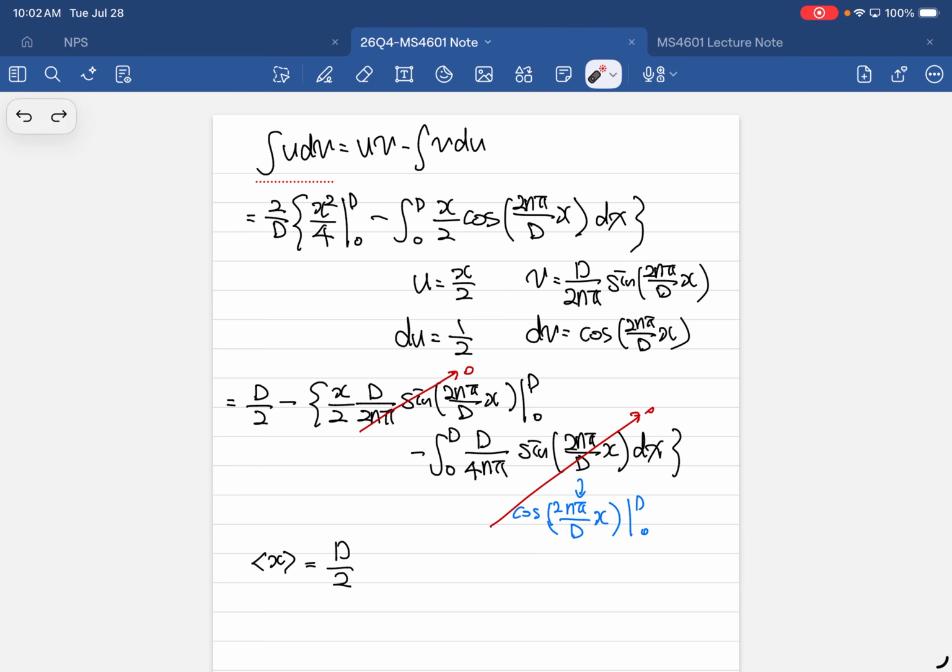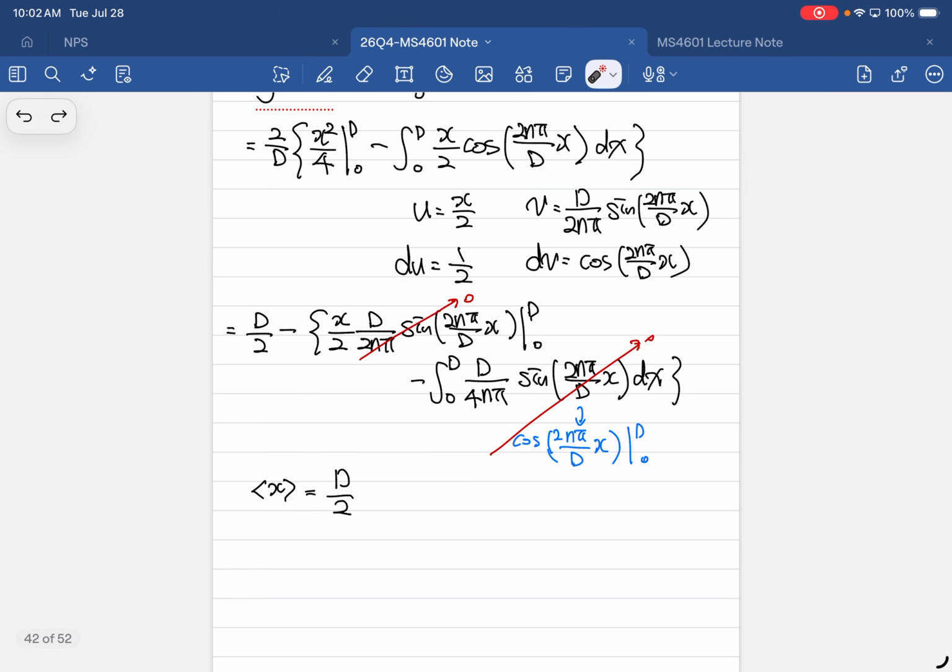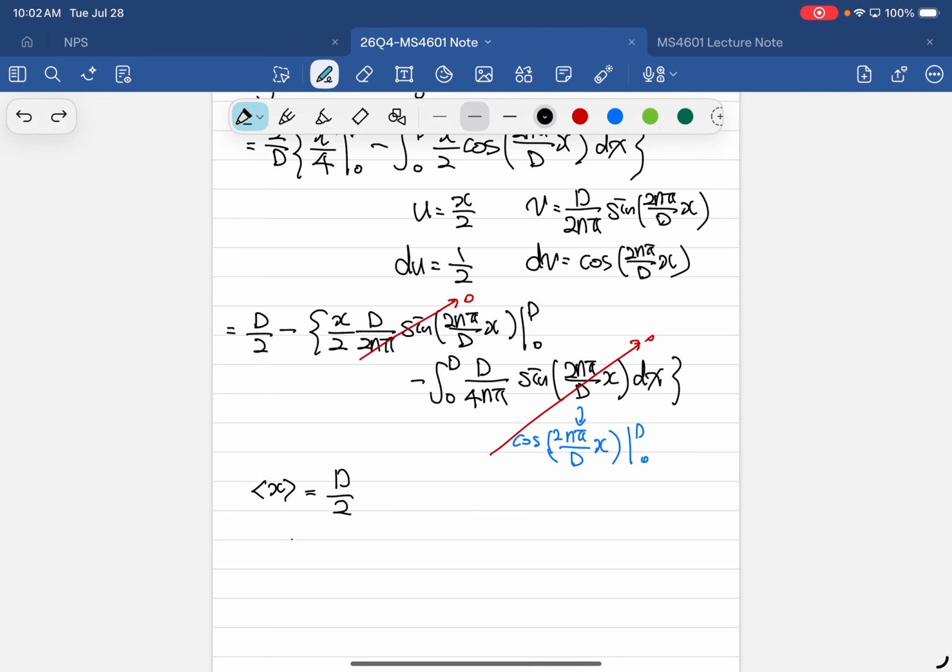Let me describe a little bit more about the implication here. This is the wave function that we got by solving the Schrödinger equation, psi n equals a sine of n pi x over d.